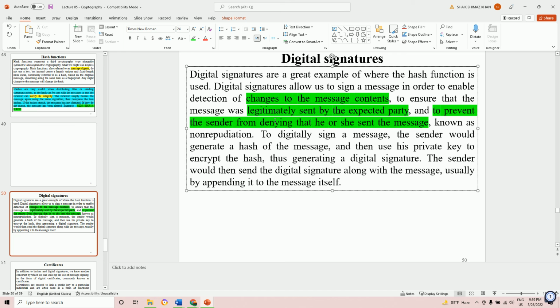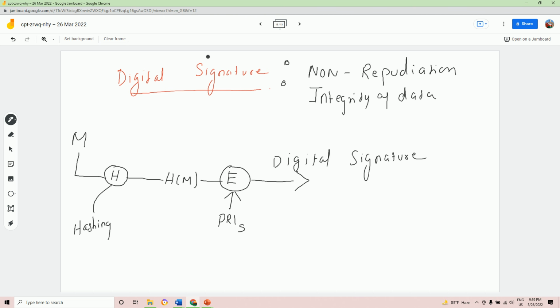Someone sent a WhatsApp message and later says I did not send it. Someone sent an email, later says he did not send it. That is called repudiation. So it can be used for authentication, integrity of data check, and non-repudiation. And what is a digital signature?